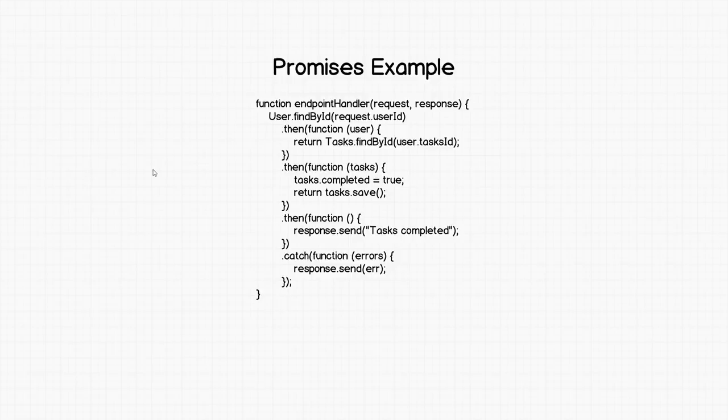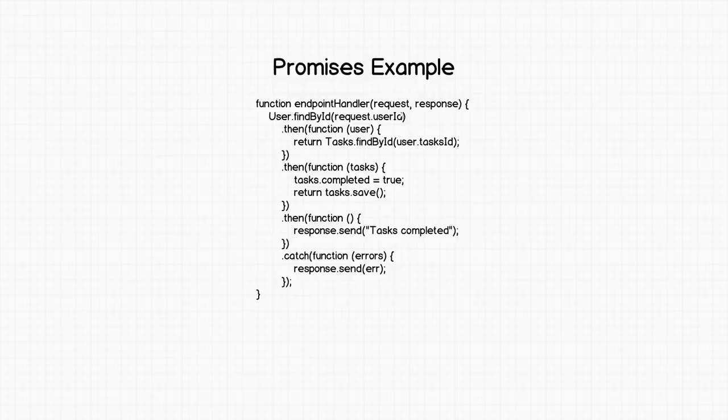So this time what we're doing is, given that user.findById is again the same async function, we simply call it and we pass whatever argument we actually want. But then instead of supplying a callback function, what we do is we tack on the .then function, and there we supply, you can think of it like a callback function, what will happen once this operation is completed.